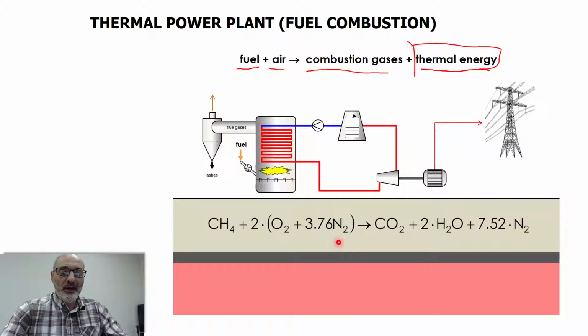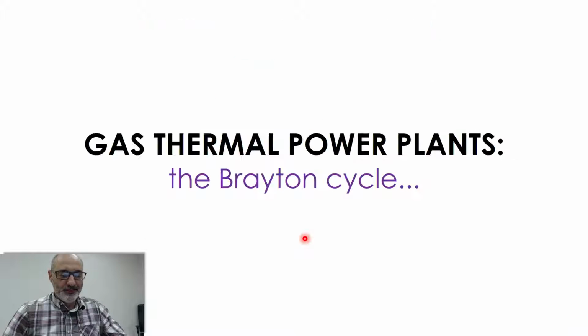Because if you don't have nitrogen and you use pure O2, we're going to calculate that in a moment, the temperature here can rise to 3,000 degrees, for instance. Okay, so that's good in terms of thermodynamics, but you don't have commercial materials that are able to operate at this kind of temperature. Okay, so we're going to see that in a few moments.